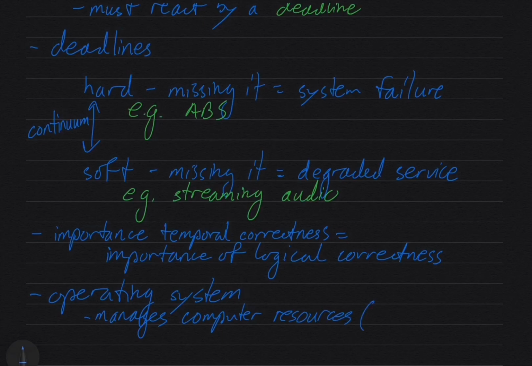So types of resources it might manage, what do you think that might be? So I said the screen, so it's going to manage your I/O devices, usually through using I/O drivers. It will manage which program runs on the processor when. So it manages the processor. It manages memory. So we're going to learn about the virtual memory system when we talk about computer systems.